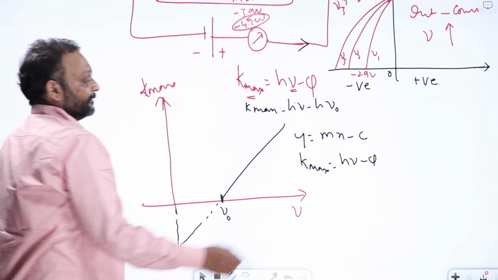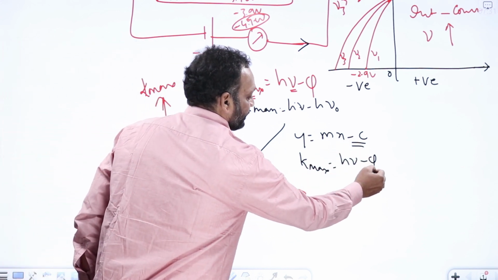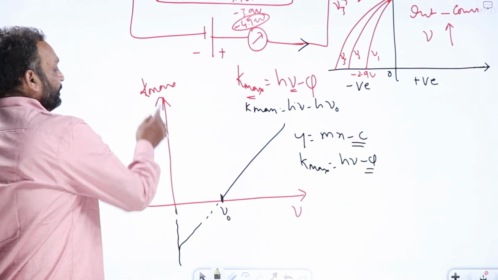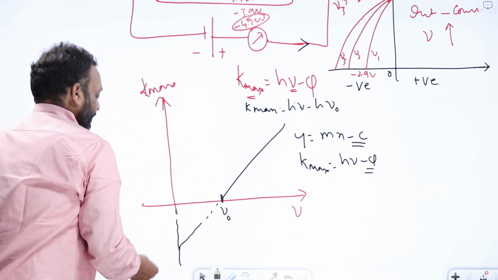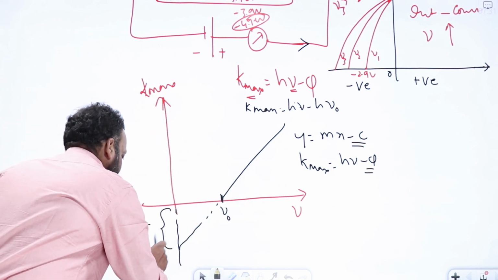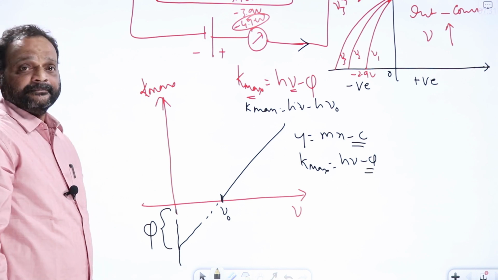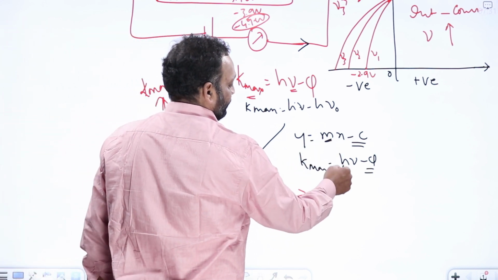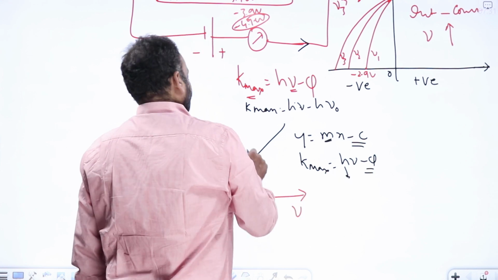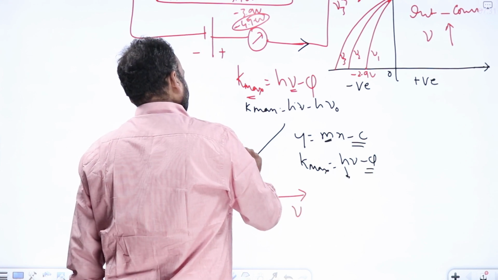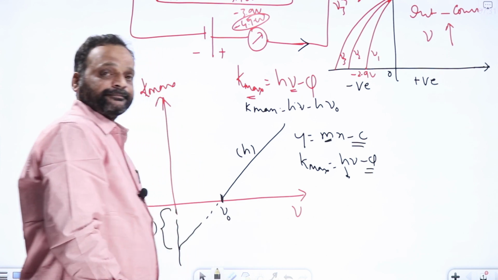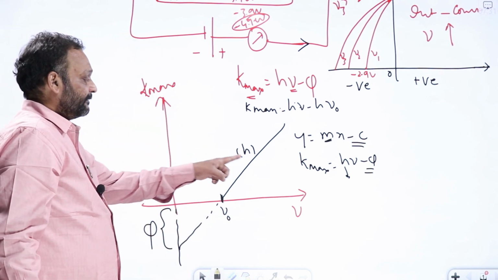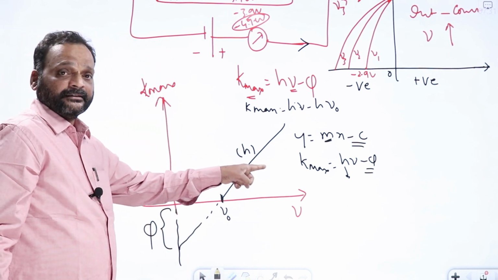So for the negative y-intercept, what do we have here? Work function phi. In the K maximum versus frequency graph, the negative y-intercept will give you the photoelectric work function. And what is m? M is the slope of that straight line. Instead of slope we have h here. The slope of this graph gives you the Planck's constant h.